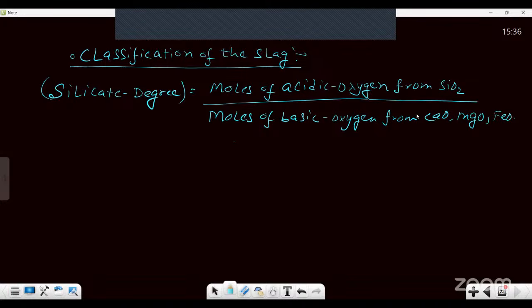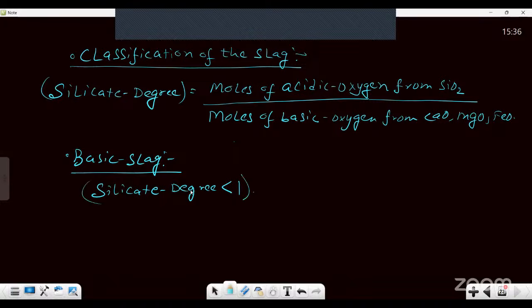Okay. Now, basic slag means the silicate degree is less than 1. So moles of acidic oxygen from SiO2 is less than the moles of basic oxygen. That means you have more basic oxygen. So basic slag is when the silicate degree is less than 1.